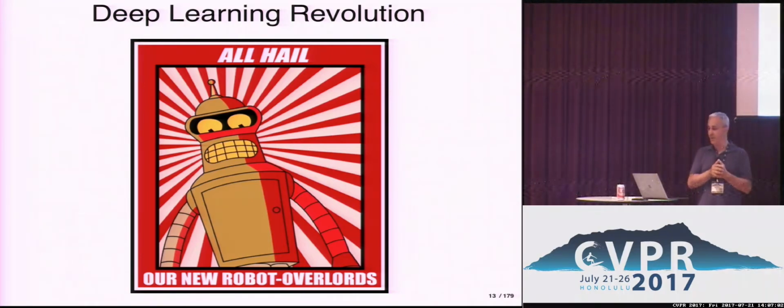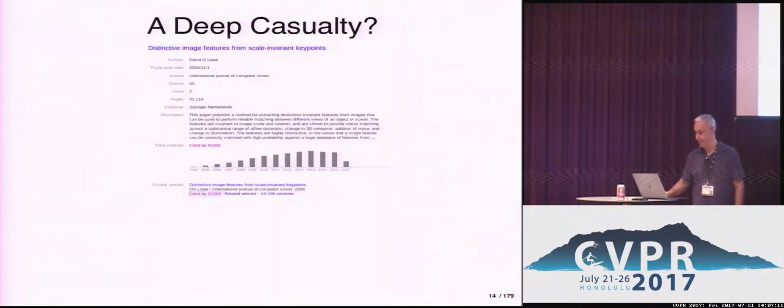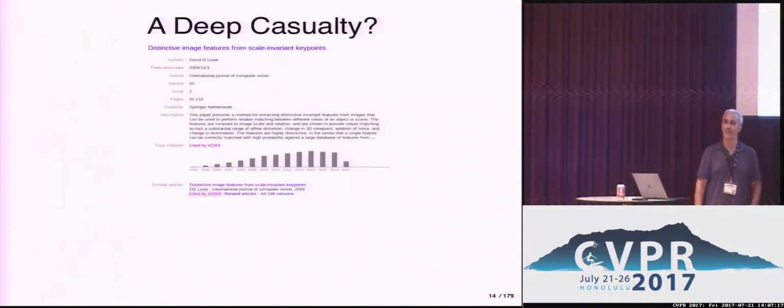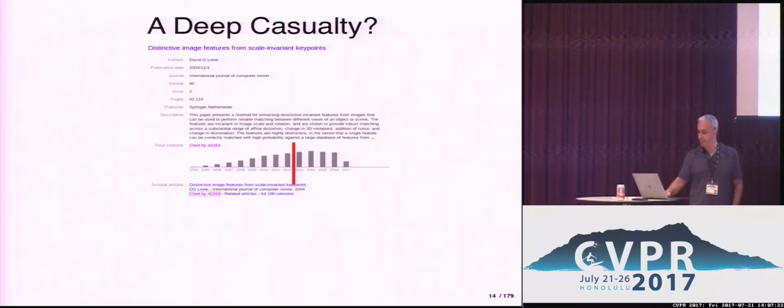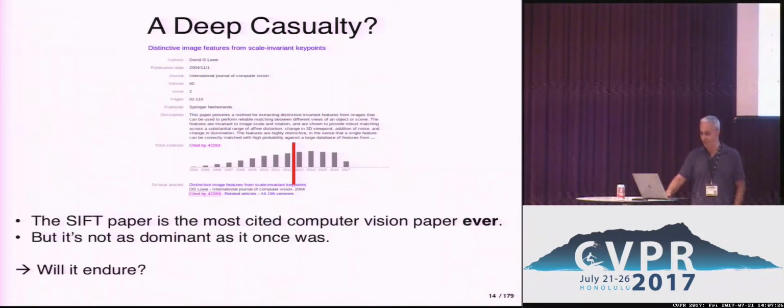And the question is, does it make everything we've done before completely obsolete? So in particular, if we look at SIFT, so this is the Google page, the Encoder page for SIFT. So it is the most cited paper ever in computer vision.